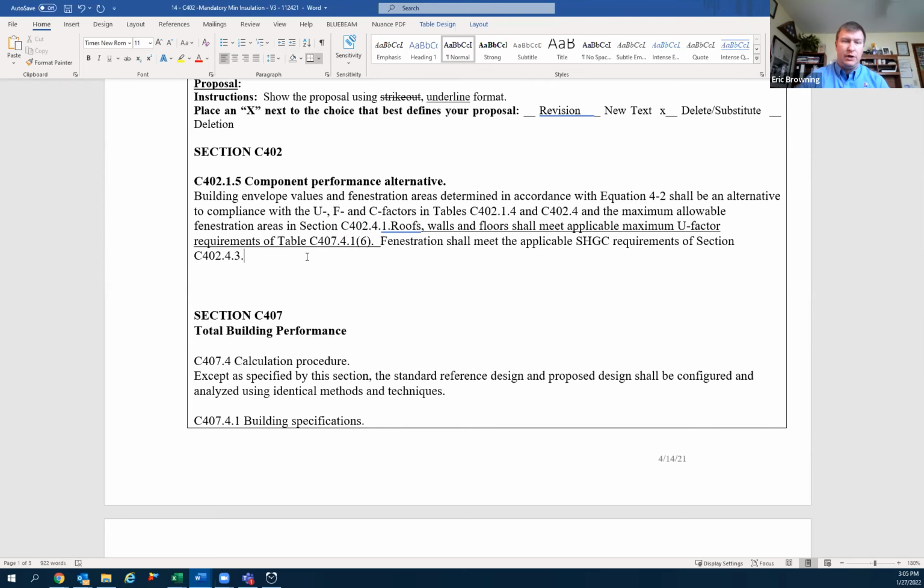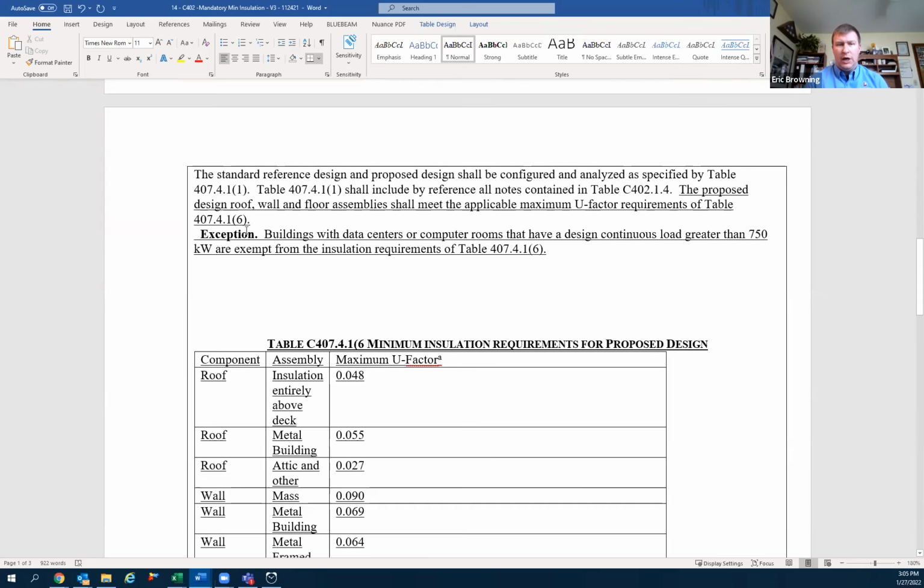The next one will be for the exception under C407.4.1. I'd like to propose changing the first portion of the exception to "buildings or portions thereof with data centers."